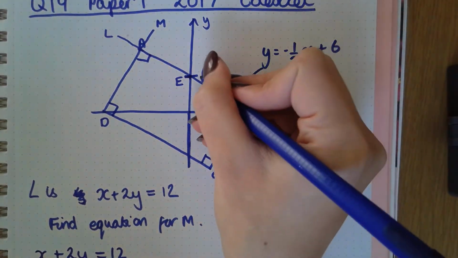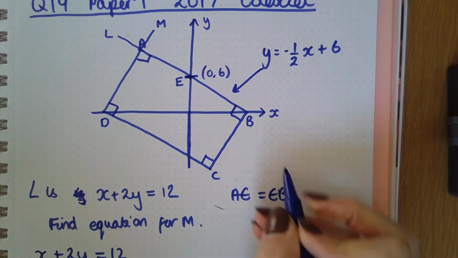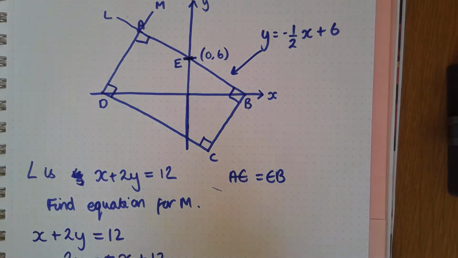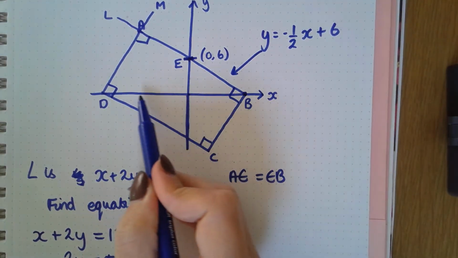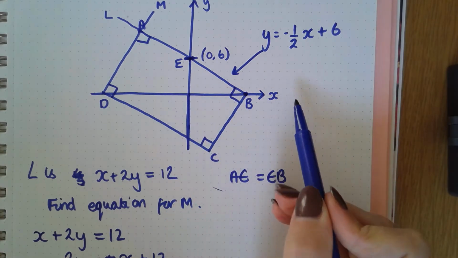I can also find out, because it says AE is equal to EB, that E is in the middle. So I can work out this point because I know that my y coordinate is 0 at that point. Anywhere on my x-axis, my y coordinate is 0.